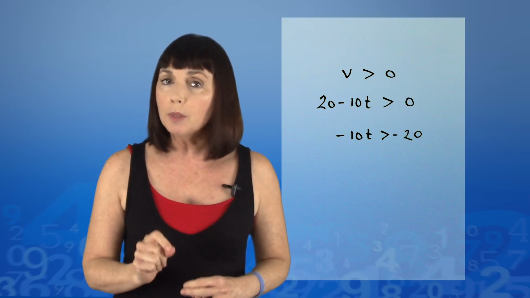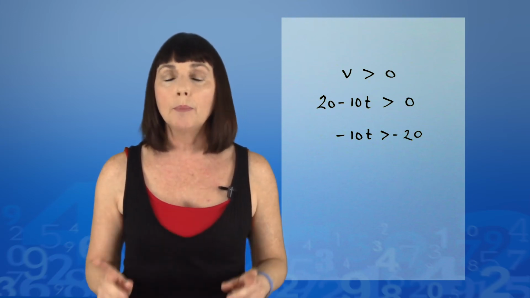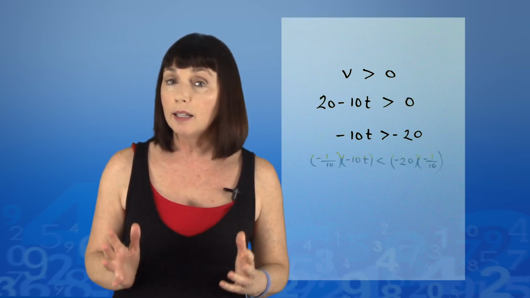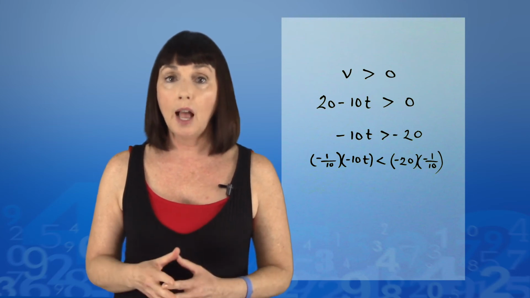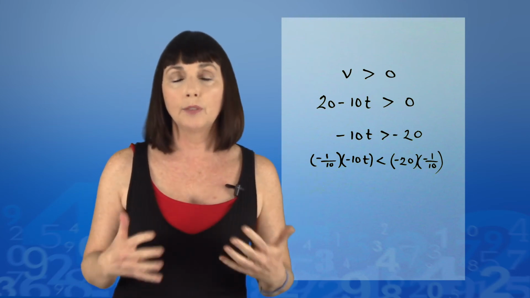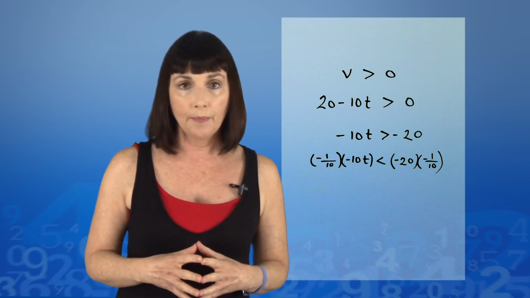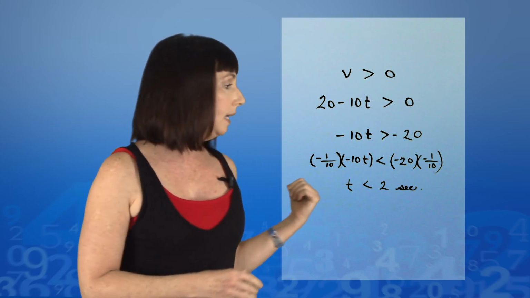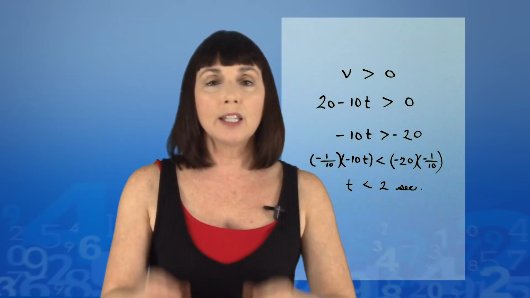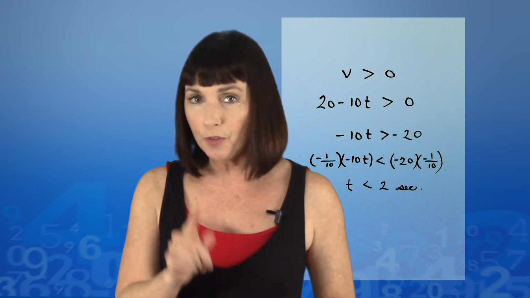But because I'm multiplying both sides by a negative number, I must change the direction of the sign. So I get negative 1/10 times negative 10t is now less than negative 20 times negative 1/10. And that leaves me t is less than 2 seconds. So the ball is traveling upwards when it's less than 2 seconds after we've thrown it into the air.